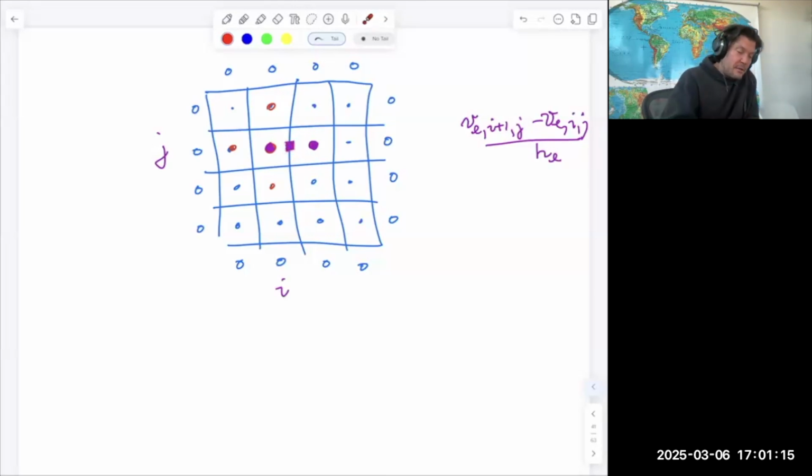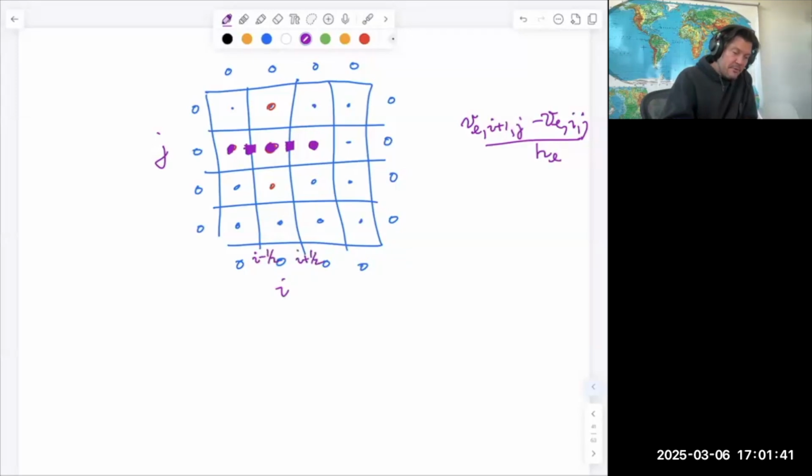Okay. Same thing is going to happen over here, right? If I take the difference of these 2 points, that ends me up here at this purple point. So how do I count that purple point? Well, that's going to be I minus a half. And this guy here is going to be I plus a half.